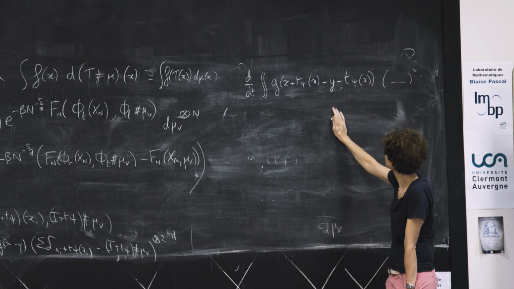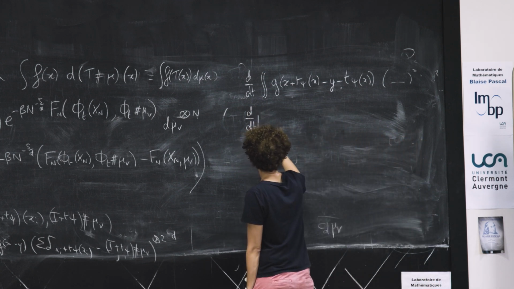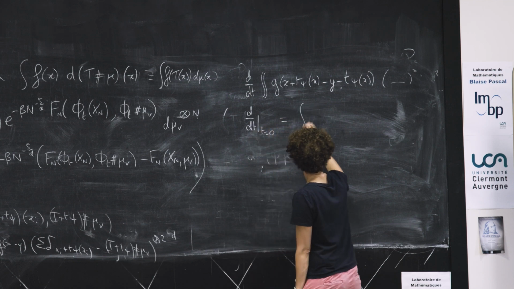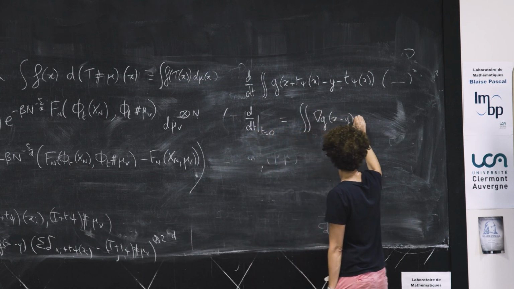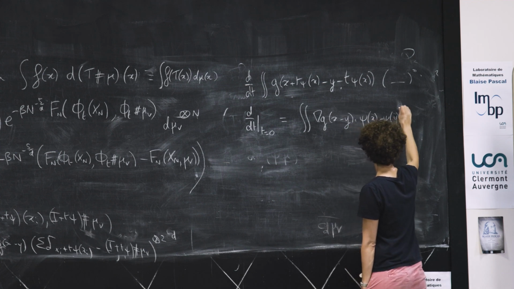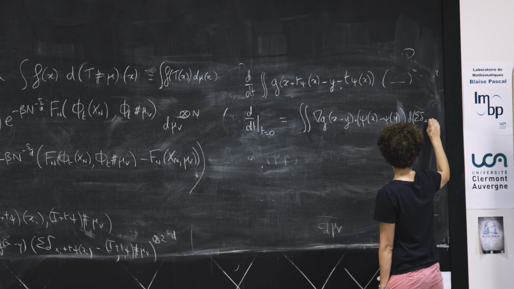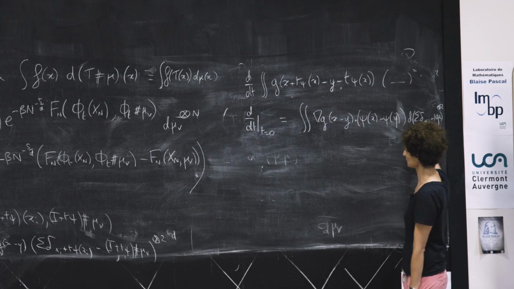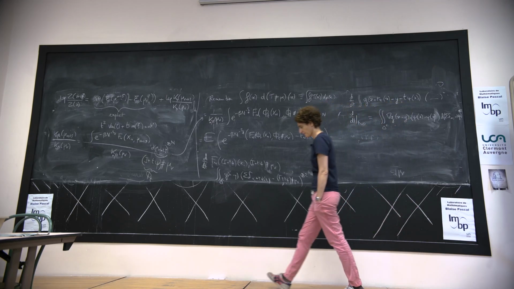So what happens when we differentiate with respect to t? If you evaluate at 0, you just pick up a grad g dotted with psi of x minus psi of y, and then the stuff, these charges here. Okay.